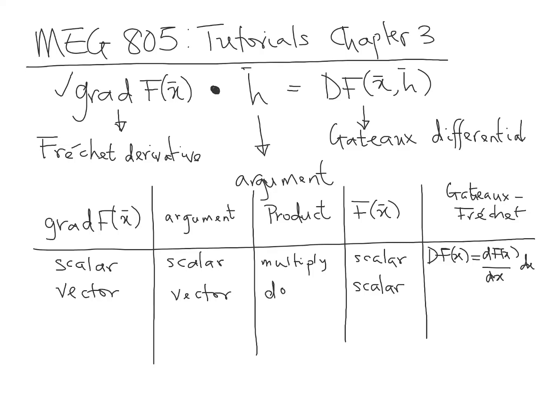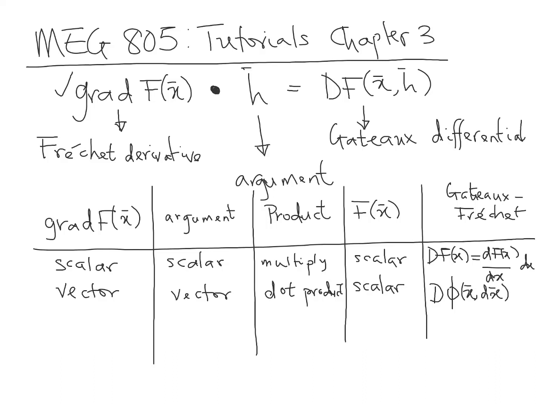I'm going to write what is going to be in the last column so that we can see. Our Gateau differential here will be D. Remember that we said the function is a scalar, so I'm going to represent it with this. This represents the function. I know that the argument is a vector, so I'm going to have this argument here, which is a vector.